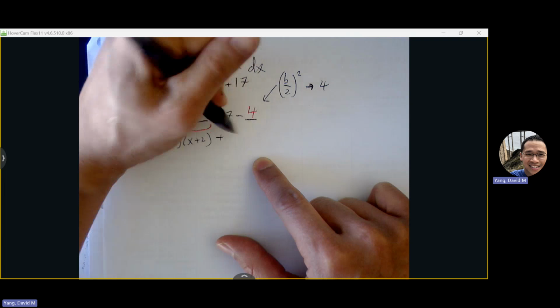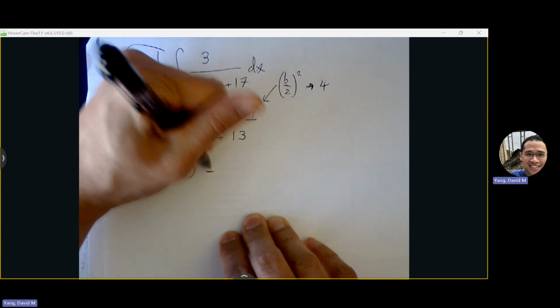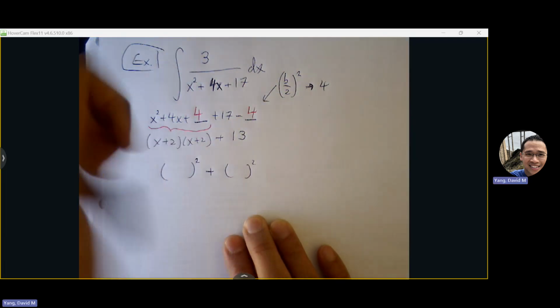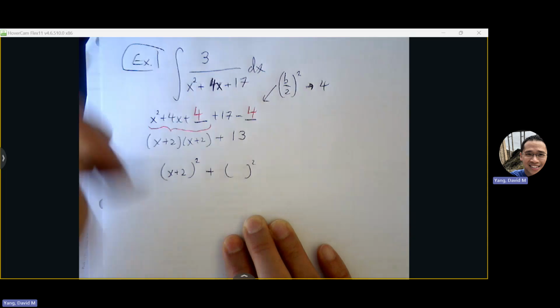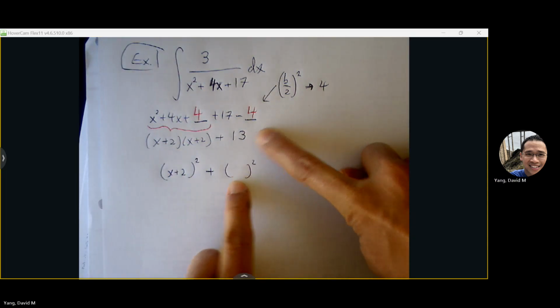And 17 minus 4 is 13. Get both of them into a set of parentheses. This should just be a duplicate. And 13 can be rewritten as what? Root 13 squared.